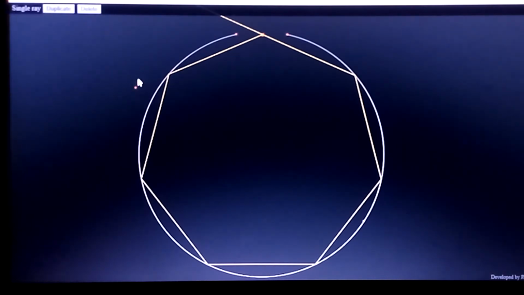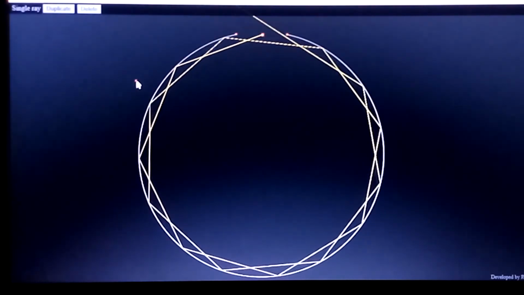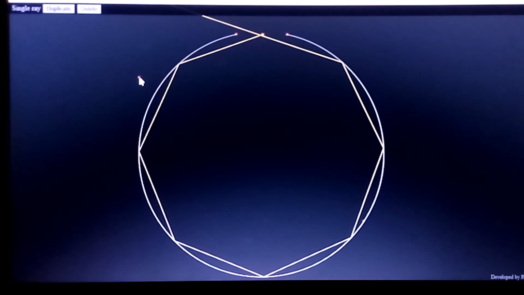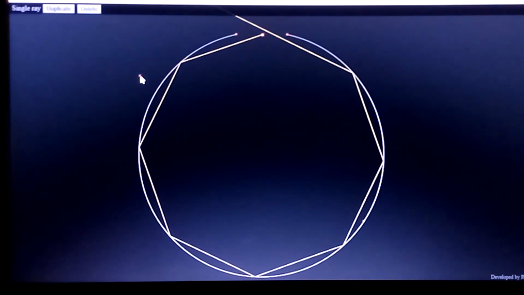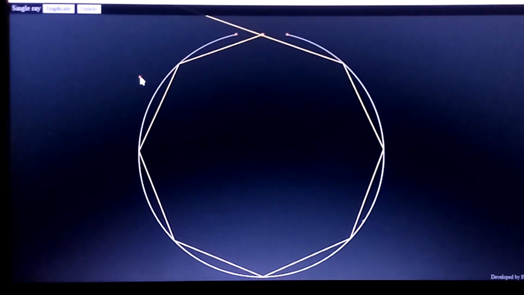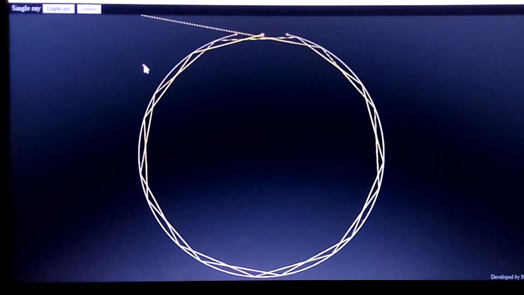The star of 7. Keep going. It's an octagon. Again, the echo of the 45-degree system, which is another octave. What angle would that be? And it will go out of range again.